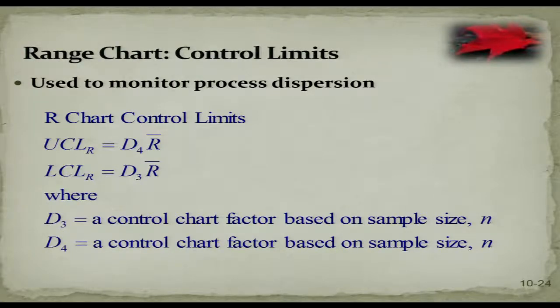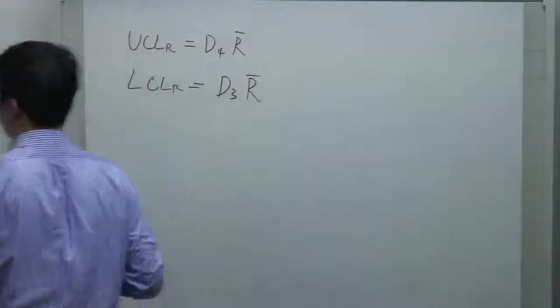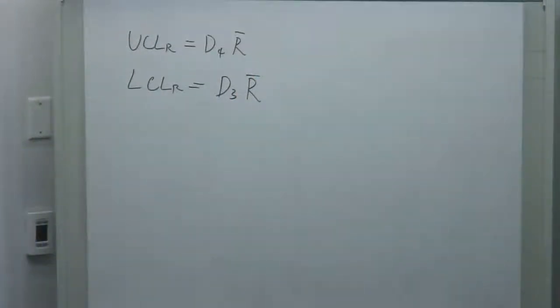UCL, the upper control limit, is equal to D4 times R bar, and LCL is D3 times R bar. Now, first question. For this example, how do you get the value of D4? Any volunteer?